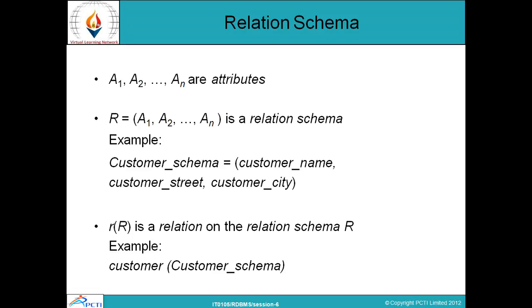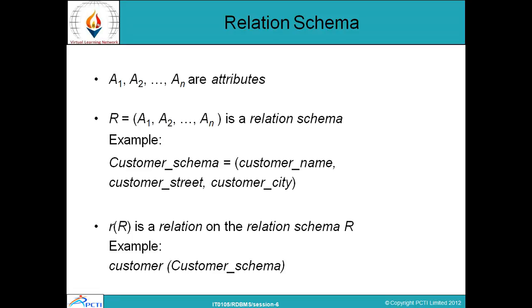Next, shown in front of you is the relational schema. Schema, which we already discussed in the last session, is the basic structure of a table, and there are some attributes in the schema. A1 to An are the attributes, and R is a relation on these attributes, called the relation schema.